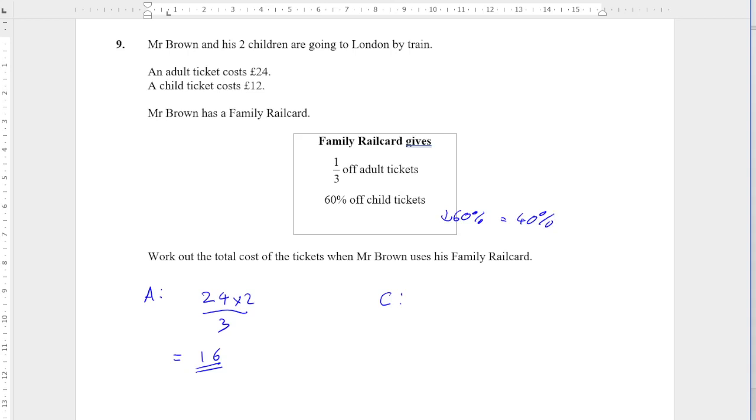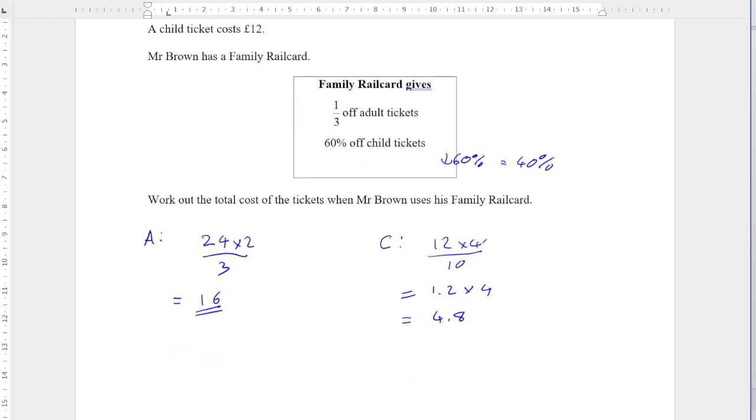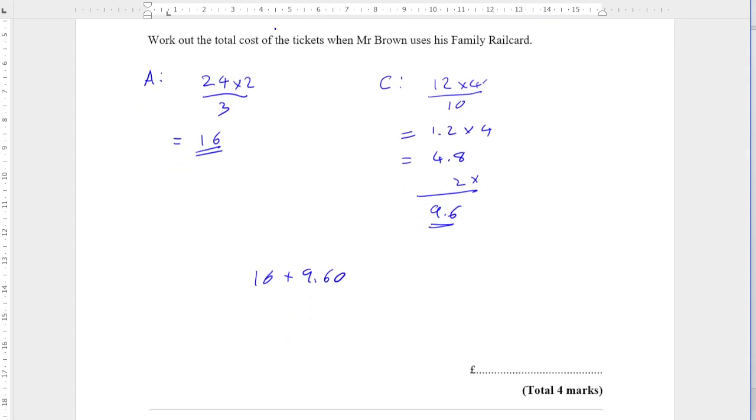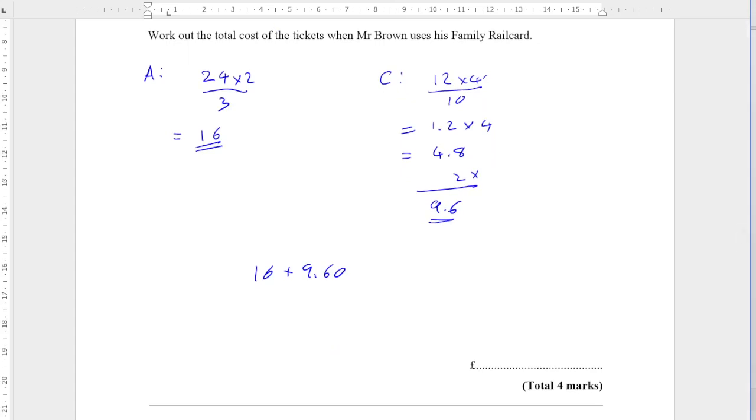So if I say 12 times by 4/10, so that's going to be 1.2 times by 4, which is going to be 4.8, and then we need to times that by 2 because that's the price of 1, so that's going to be 9.6. So in total we're looking at 16 plus £9.60 is going to be £25.60.